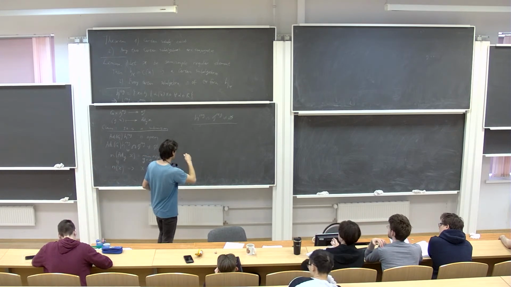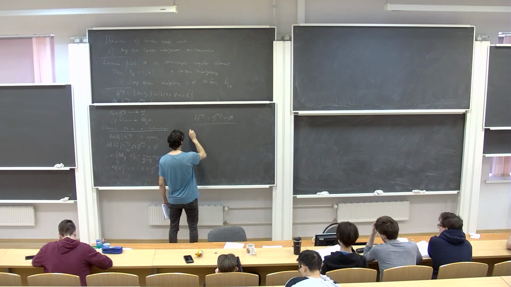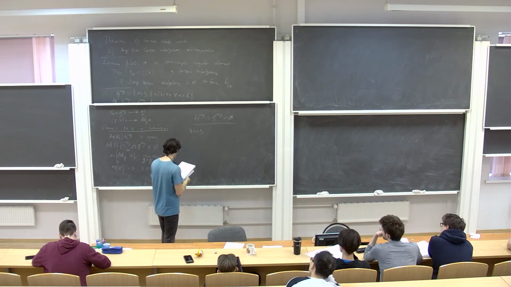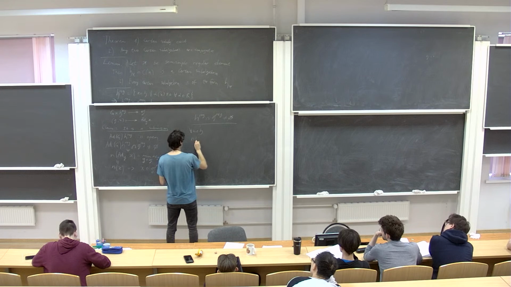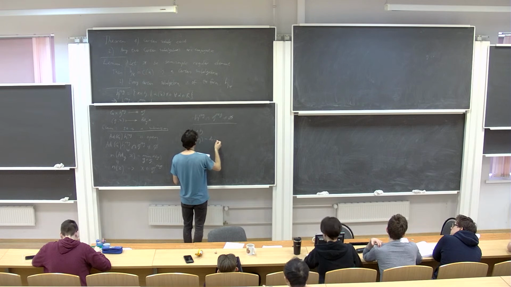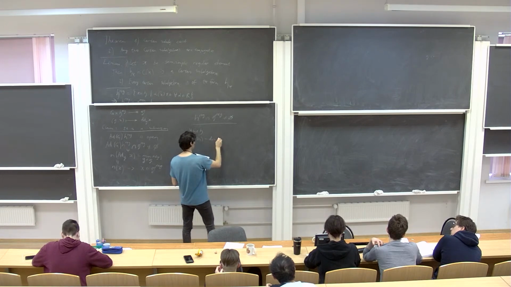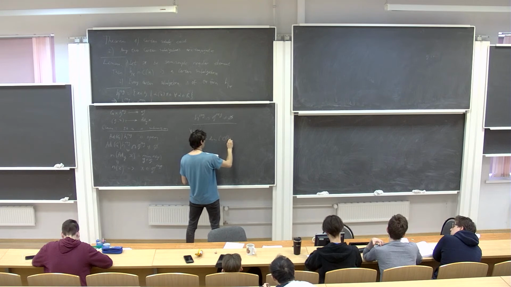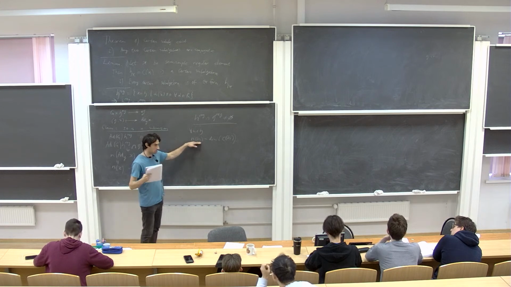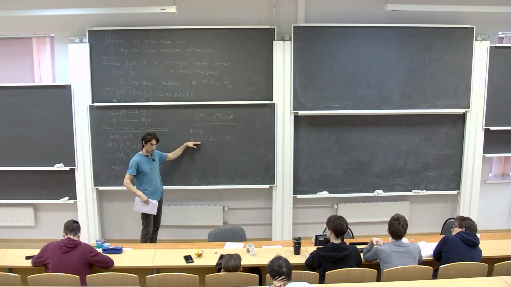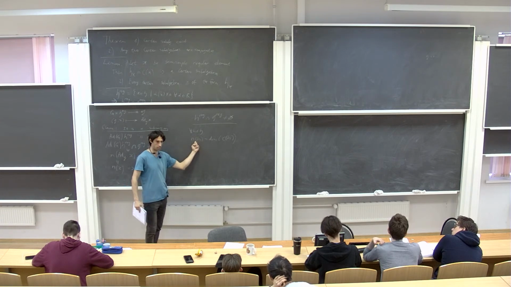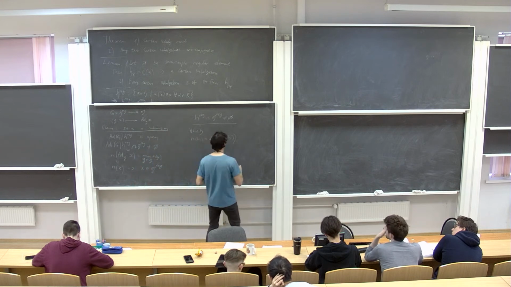So another claim that I would like to make is that for every H in the Cartan subalgebra, the following is true: the nullity n of H is the same as the dimension of the centralizer of H. Just by definition, the generalized eigenspace of eigenvalue 0 is exactly the nullity of H. And this is just the definition of n of H that we had there.